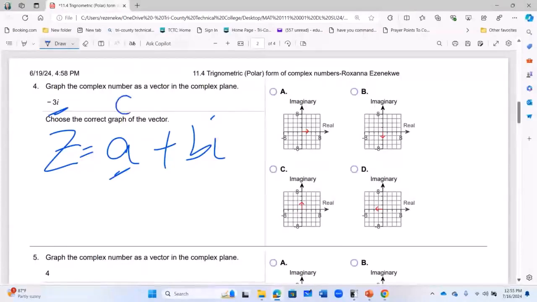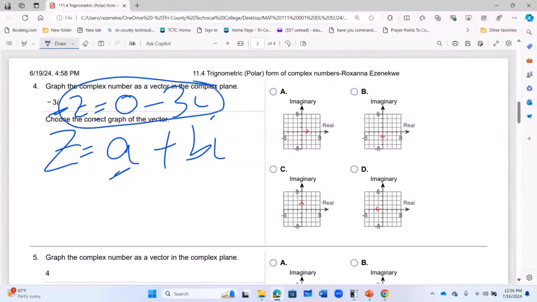So I'm going to write 0 minus 3i, just make it negative like it is. So that is the complex number in number 4. I put it in standard form. That way, graphing it will not be confusing.